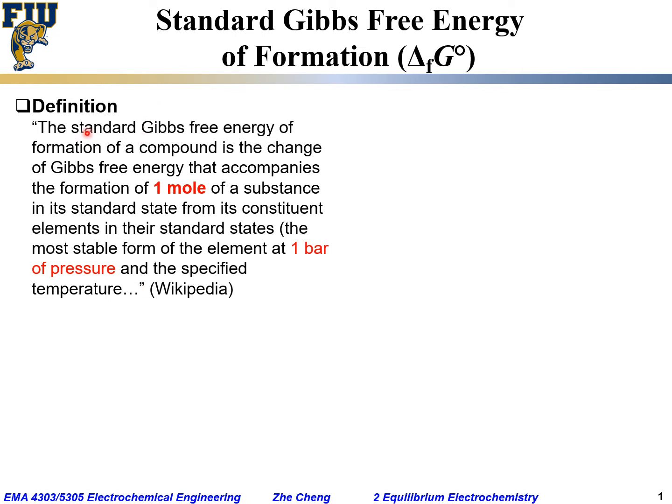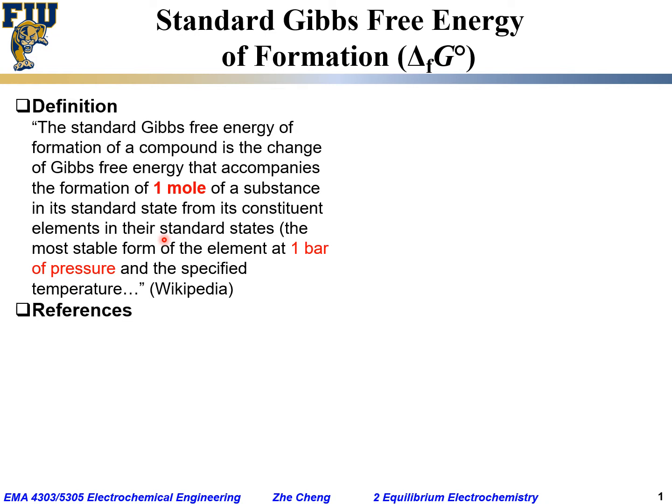So this is the definition for standard Gibbs free energy of formation, or sometimes people say standard Gibbs formation energy. It's the Gibbs free energy change to form 1 mole of a compound or substance from the constituent pure elements in their standard state.